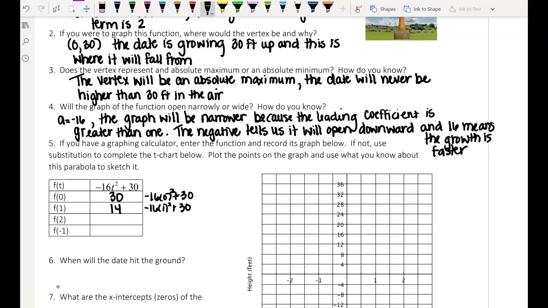Anthony, what about f of 2? Negative 2 is not correct. I need to take negative 16 times the quantity 2 squared plus 30. Negative 34.